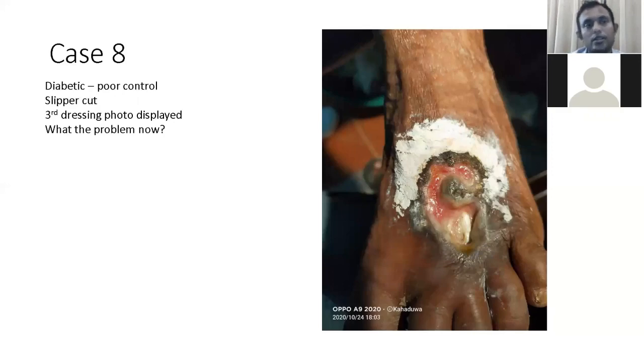So this poor diabetic has had a hipper cut, and this is the third time he came to me. Now what's the problem in him? Can you see the problem?